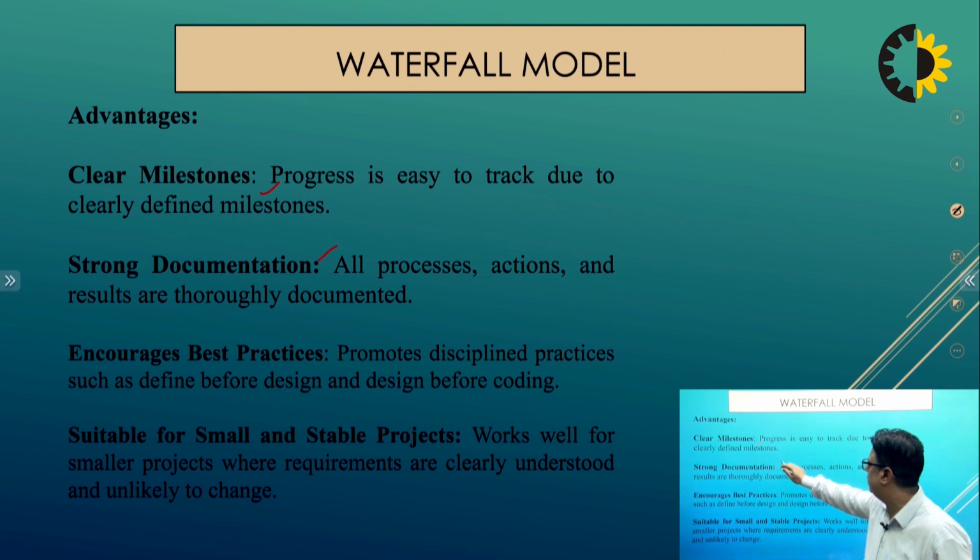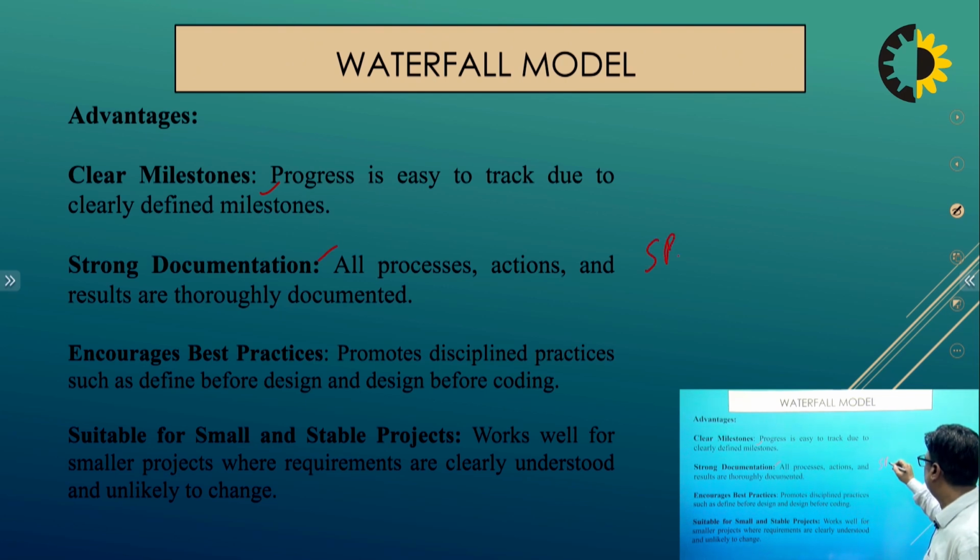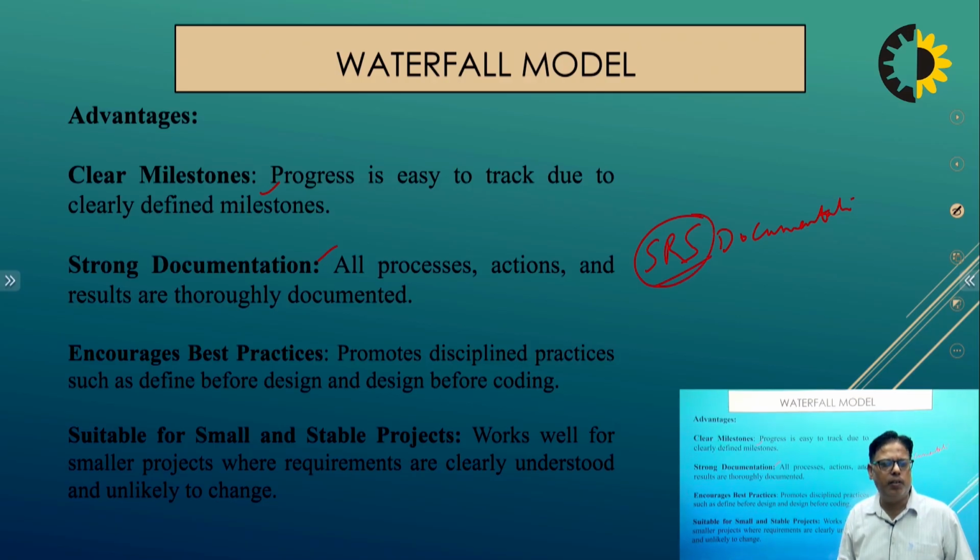Strong documentation and SRS, the software requirement specification documentation. The SRS is the main key credential in a software development life cycle. It encourages best practices and promotes disciplined practice, such as defining before designing and designing before coding.